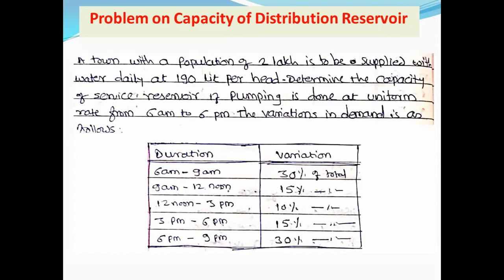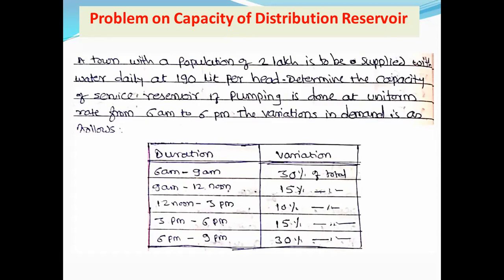The variation in demand is as follows. Prepare the table like this. This is the information given to us. In the first column there is the duration, and in the second column the variation in the demand.